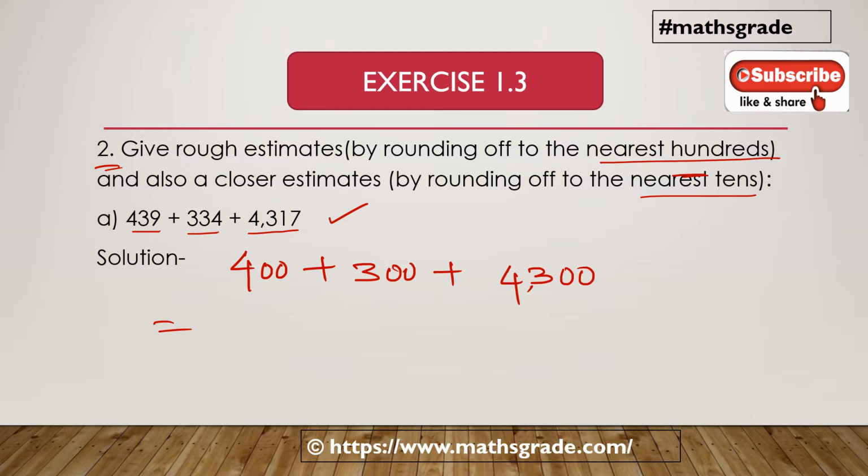That is 5000. So the estimated sum of 439 plus 334 plus 4317 is 5000.